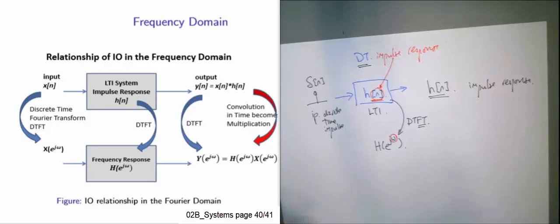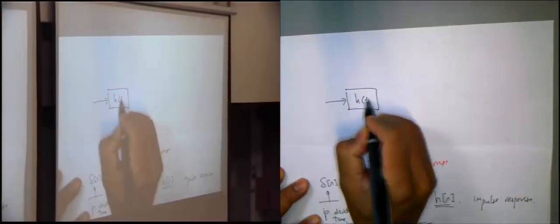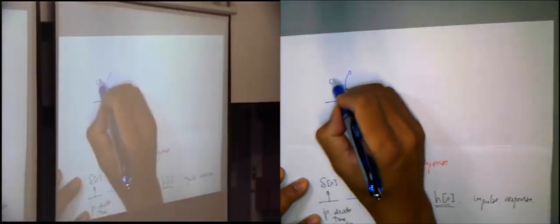In the continuous time case, I'll draw for you again. This is h of t. This is continuous time LTI. And when we want to perform the continuous time Fourier transform, we get H of j big omega. So please observe the notation change.